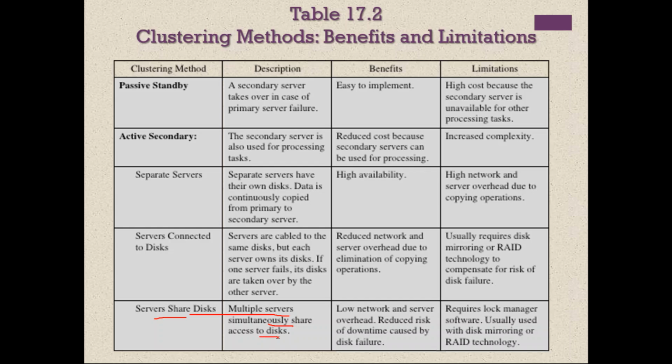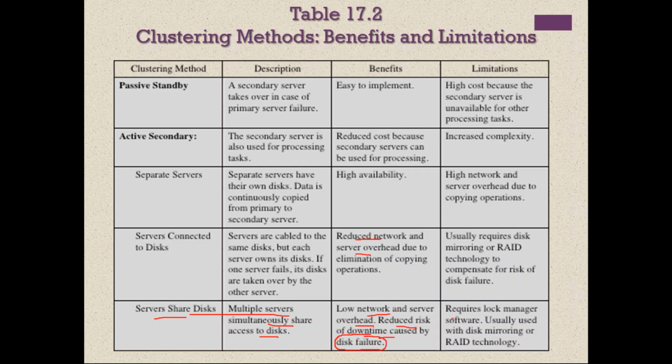The benefit is very low network and server overhead, and also reduced risk of downtime caused by disk failure. The probability of downtime due to disk failure is very, very low.